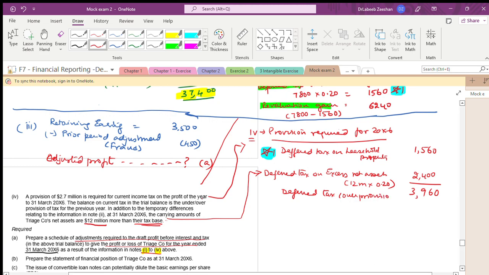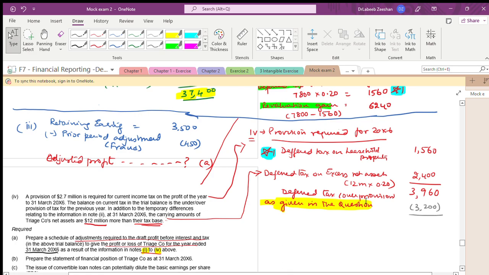Over provision as given in the question. How much is the deferred tax over provision? It is 3,200.